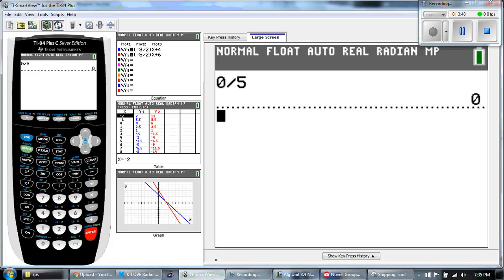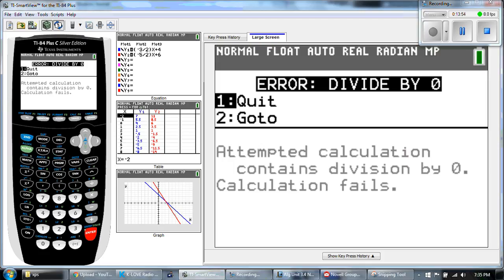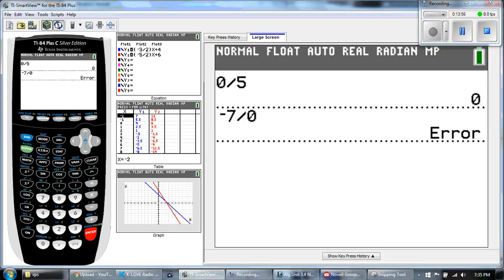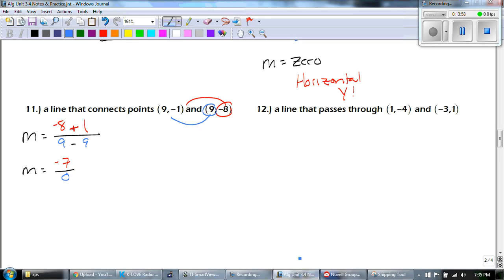And remember, if you don't know, just type it. Negative 7 divided by 0. Error. Can't do it. Okay, so that means that our slope is undefined. And when it's undefined, once again, I'm going to put that in red.